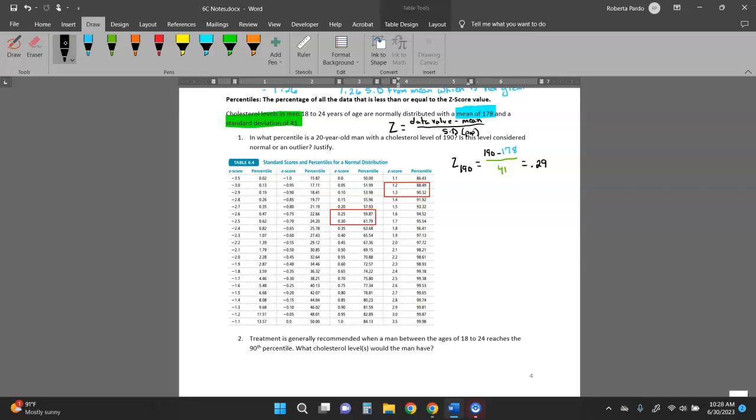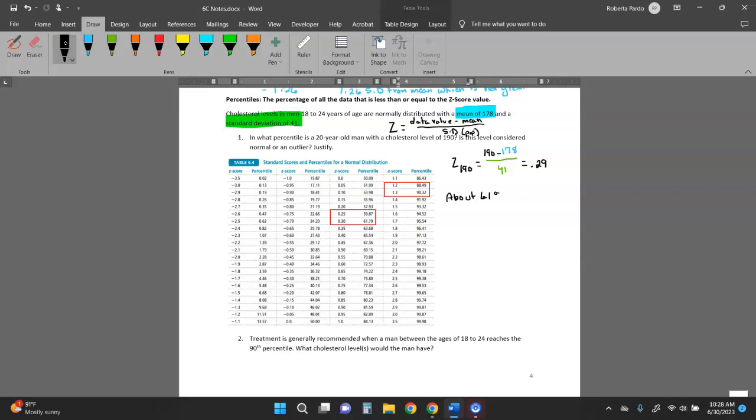It's closer to 0.30. So we're going to say that about 61%, so between 59.87 and 61.79, so about 61, so they're in the 61st percentile.